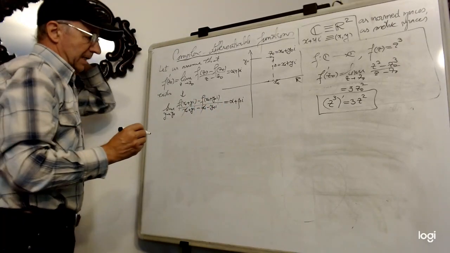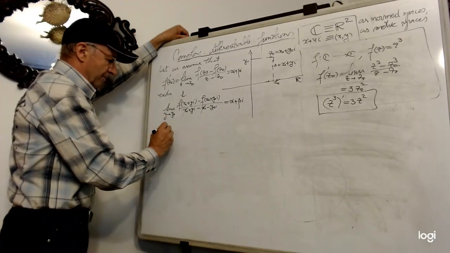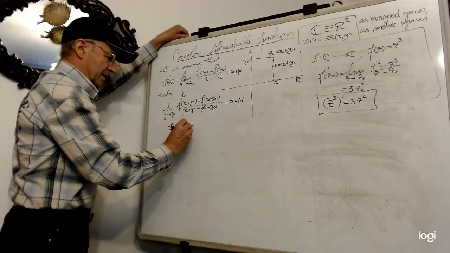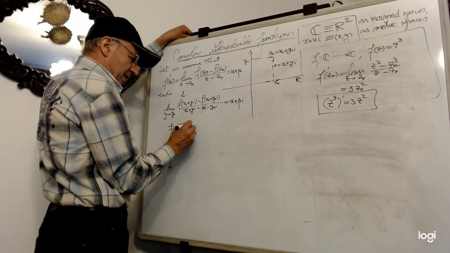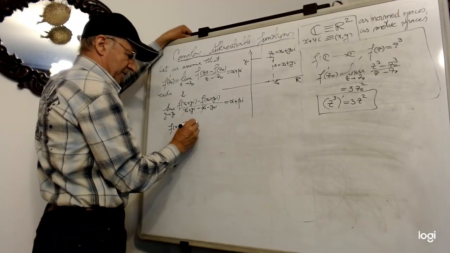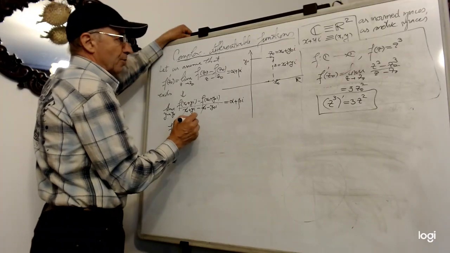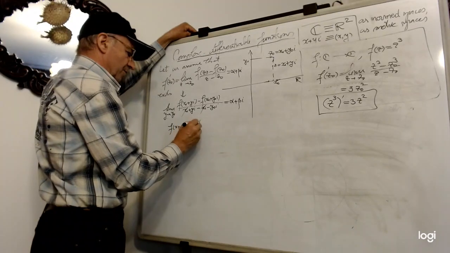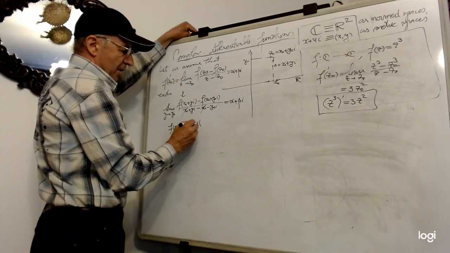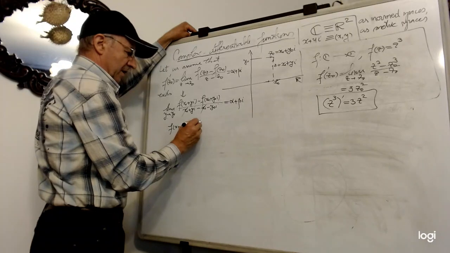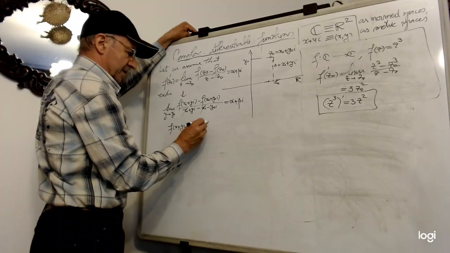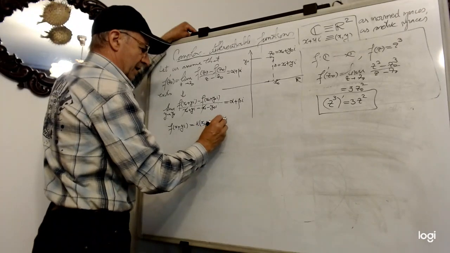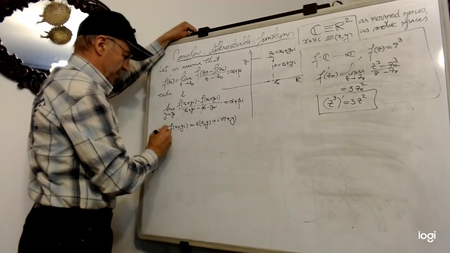Now let us denote for our function f of x plus y I the real part. Let us denote the real part of this function by u, and we use this identification. So we consider u as a function of two real variables, x and y, plus I v of x and y, the imaginary part of f.